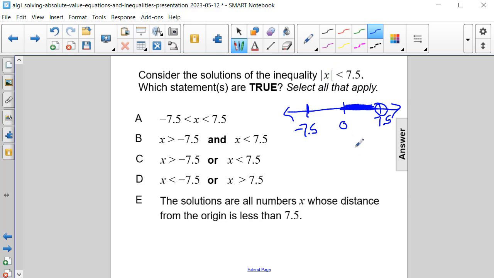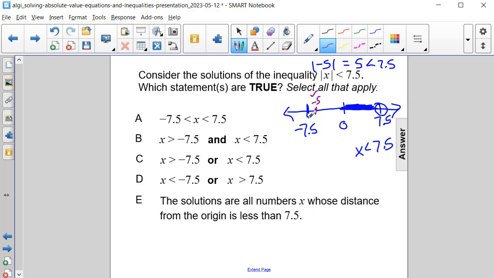If I had a negative value, let's say negative 5, its absolute value will be 5, and 5 is definitely less than 7.5. So negative 5 is right about here on the number line.